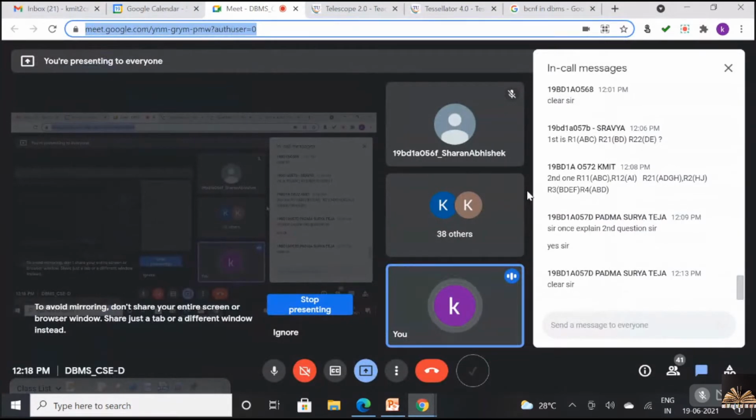Any questions with 3NF and the definition of BCNF, Ma? And finding out candidate keys. So these are the three things we have covered today. Any issues?